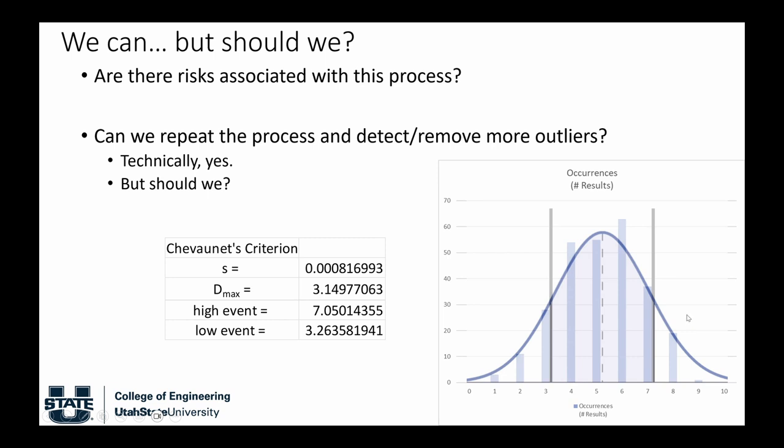And the answer is absolutely, because now we're starting to throw away more and more data points, and we're getting narrower and narrower. So we need to be really cautious. I would say a good rule of thumb is do this once, maybe twice, as you're running through the Chauvenet's criteria to determine what outliers are and discarding data that seems to be an outlier based on Chauvenet's criteria.